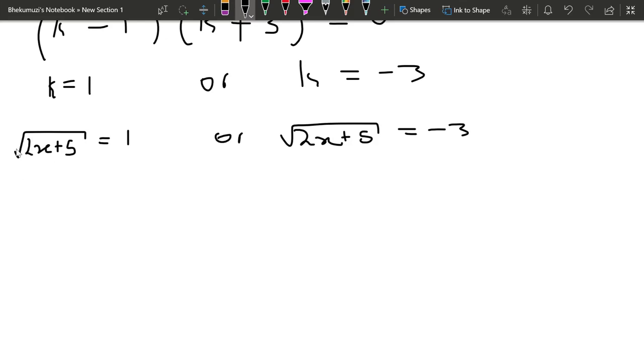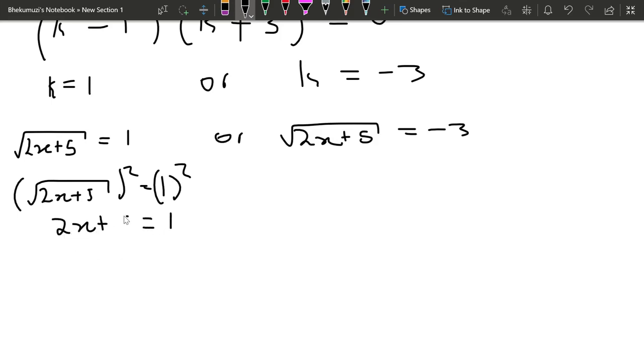And since you have a square root, how do you get rid of the square root? You would square both sides, right? 1 squared is just 1, and this is 2x plus 5.